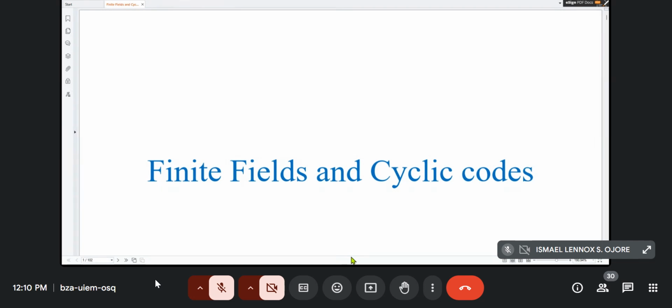And actually, it's not just BCH, because all these codes are somehow related. You'll find that some of the codes we are looking at, like Hamming codes, are a special case of BCH codes.